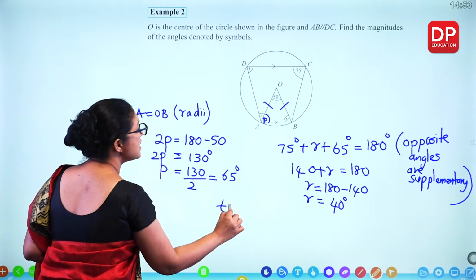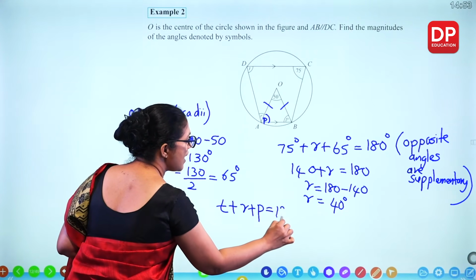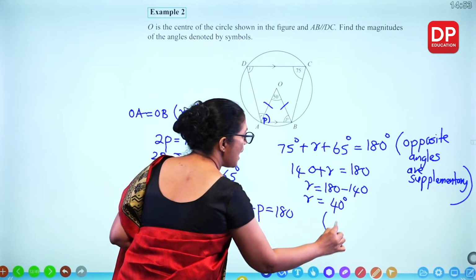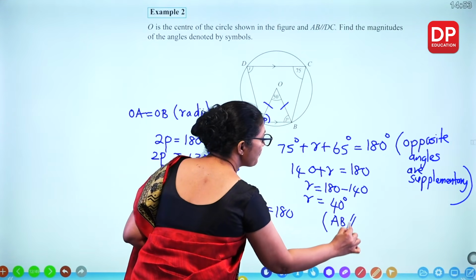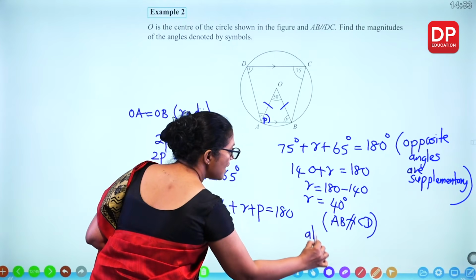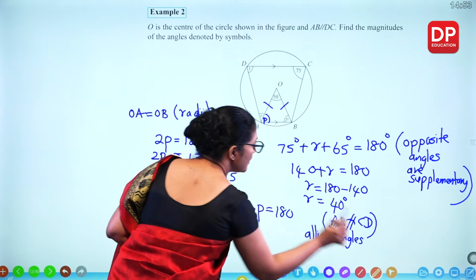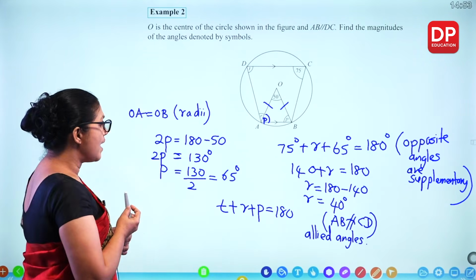So we can write T plus R plus P is 180 because AB parallel to CD, you get allied angles. Allied angles add up to 180.